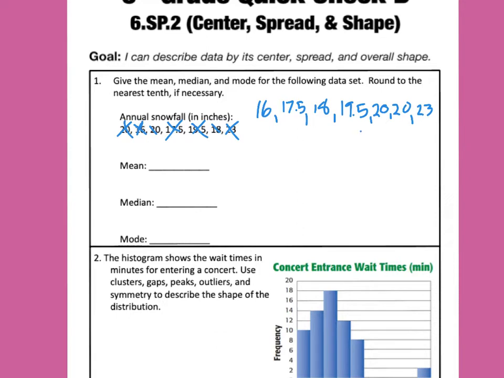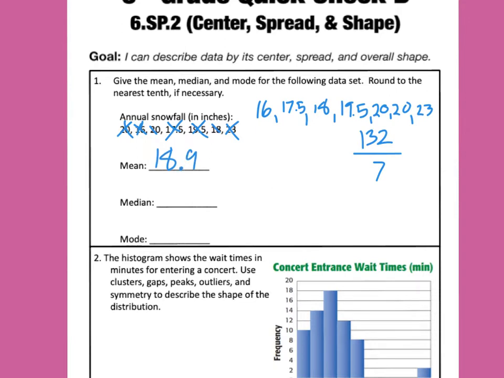And we get 132 when we add those. Now we need to divide by how many there are. 1, 2, 3, 4, 5, 6, 7. So we're going to divide that by 7. And we get kind of a messy number there, and it wants us to round to the nearest tenth, and that would be 18.9. So 18 and 9/10 is the mean.